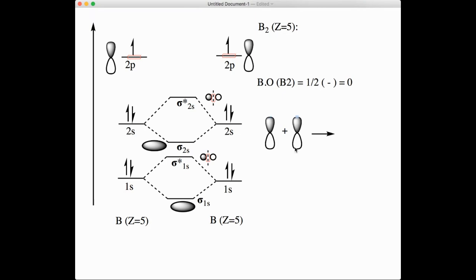So these two are in phase, these two are out of phase, so the resulting molecular orbital will look like this. It will have a nodal plane exactly as the one on the p orbitals, and then it will have an area of bonding above that nodal plane, and there is going to be another bonding area below the nodal plane, okay?